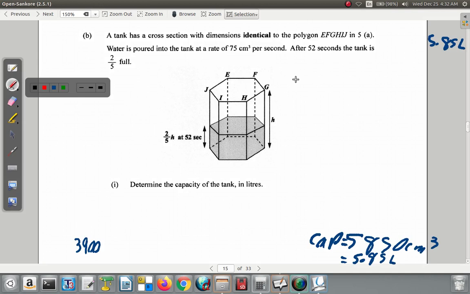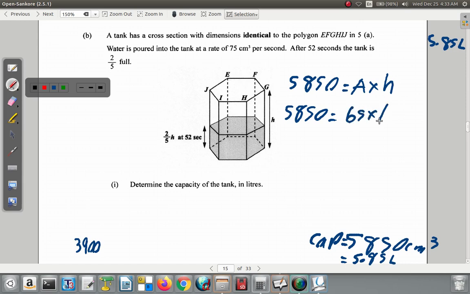Alright, so the capacity, which is 5850, is equal to the area times the height. So 5850 is equal to 65 by the height. Remember, the area at the top here would be our 65 cm squared.